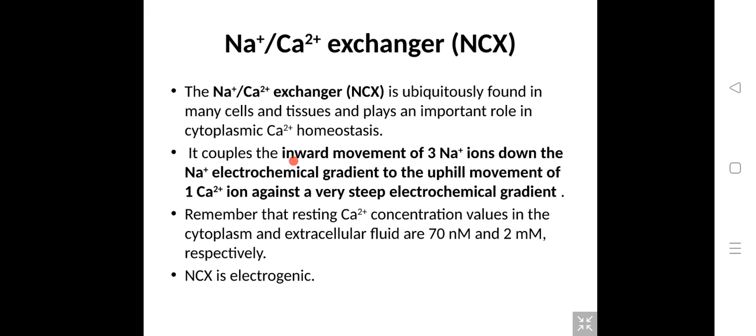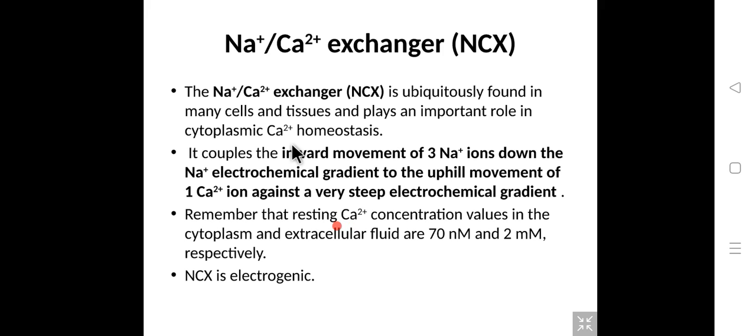It couples the movement of 3 sodium ions down the electrochemical gradient to the uphill movement, meaning from low to high concentration, of 1 calcium ion against a very steep electrochemical gradient.